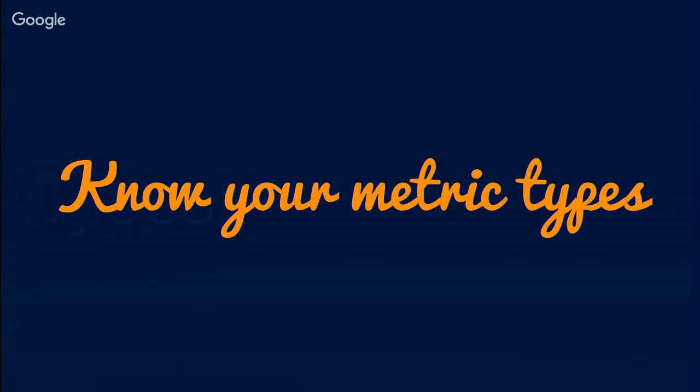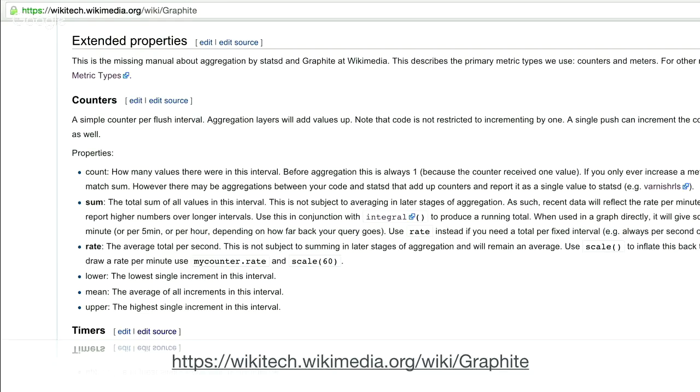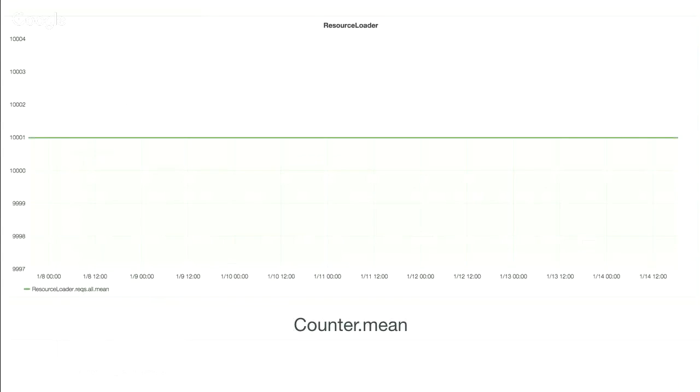There's many different ones, and they might look very similar, but mean completely different things. So there's a page that I wrote on Wikitech, which I reference a fair bit, where I've documented most of this. But I'll summarize just the two most important ones here: counters and meters, which are the most common metric types. And so you might be inclined to, for example, graph out the mean of your counter, right?